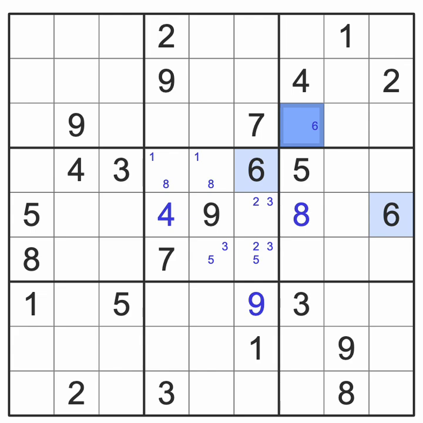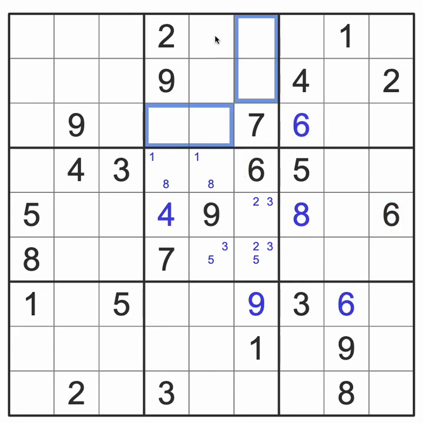So actually 6 is the only number I can place here. And this 6 blocks here, this 6 blocks here. So 6 comes in here.